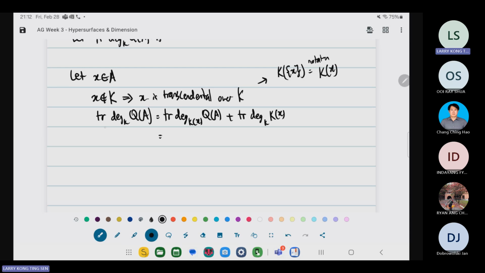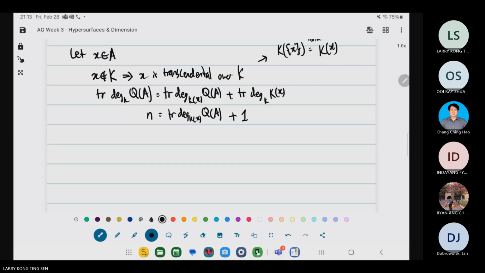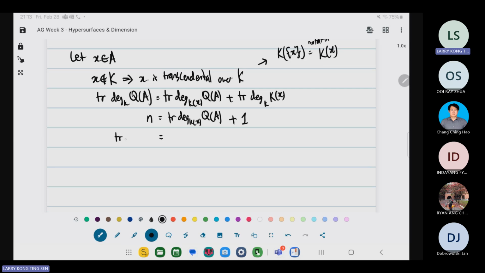So one of them is n. And the other one is basically the transcendence degree. With one of them, we just appended an x into the field. So this should be just one, because there's just one transcendental. So basically, this implies that the transcendence degree of this one is in fact n minus one.